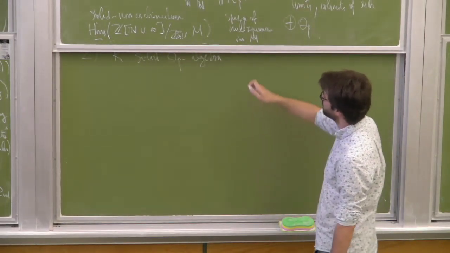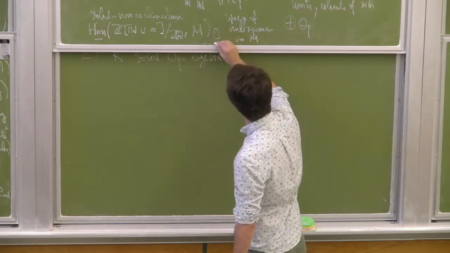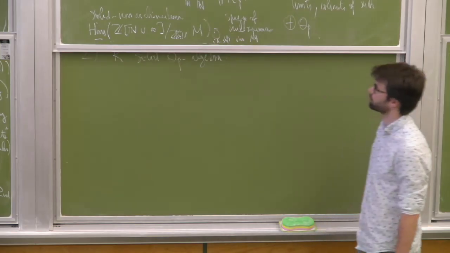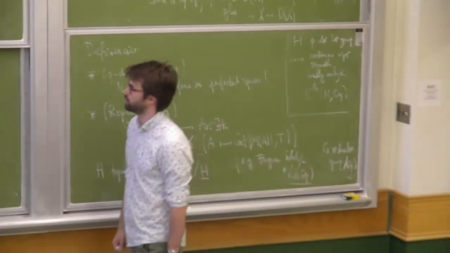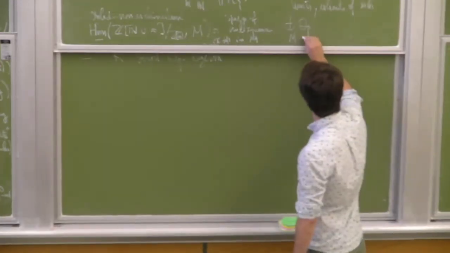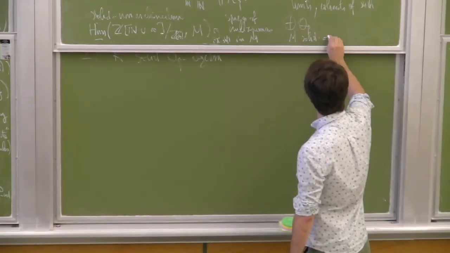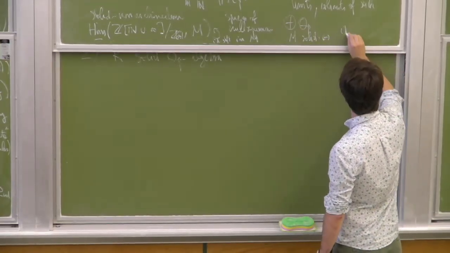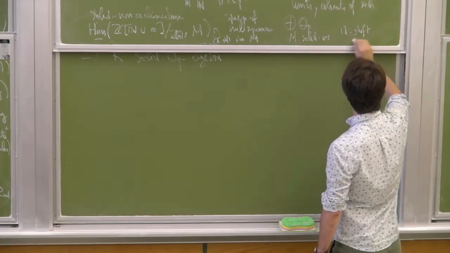And there you have some operator which is identity minus shift. And being solid is the same as saying that this endomorphism is an isomorphism.